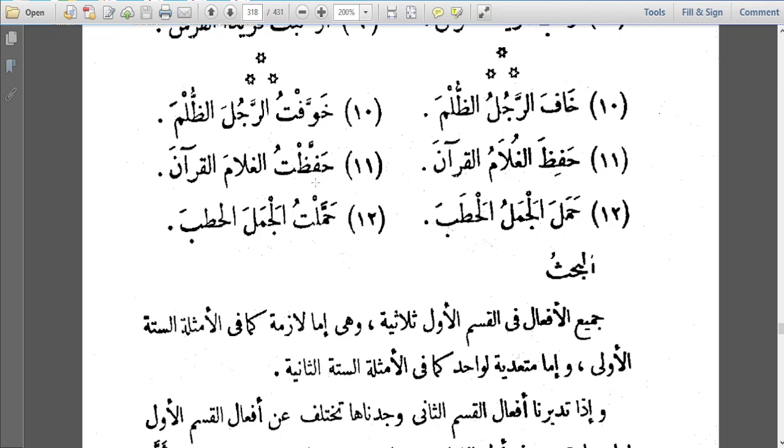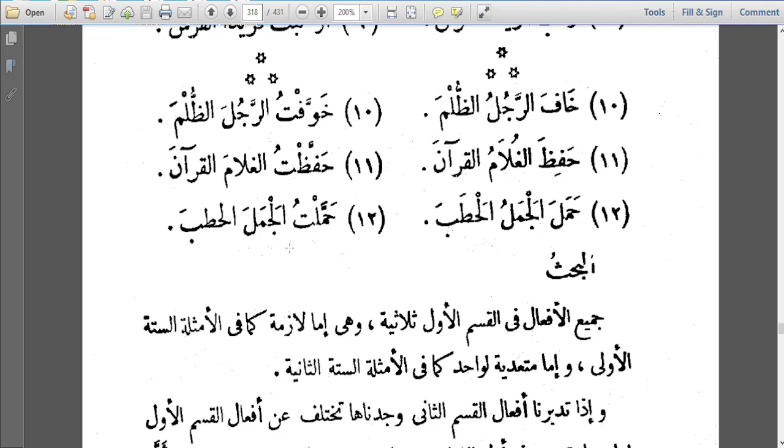Okay. Then we come to our last one here, which is حمل الجمل الحطب. حمل, to carry. The camel carried the wood. Al-hatab is the wood or the firewood, however you want it. Then حملت الجمل. You see the verb now, they've made it تضعيف.